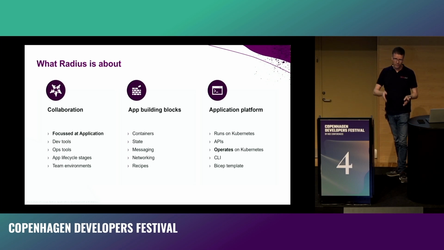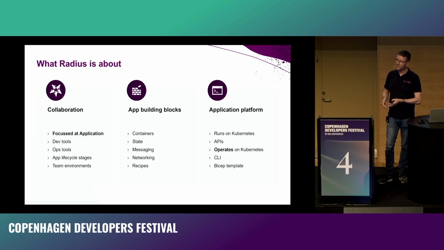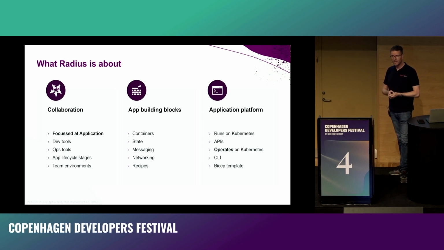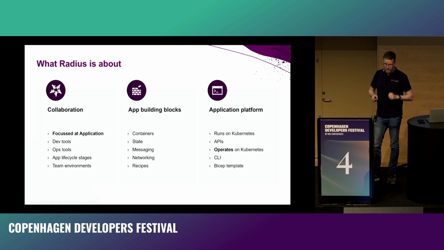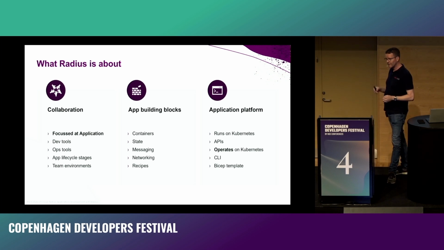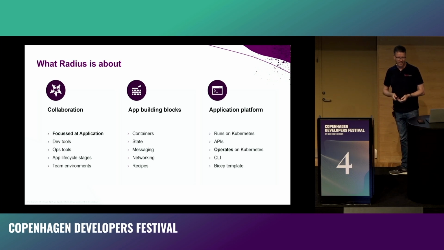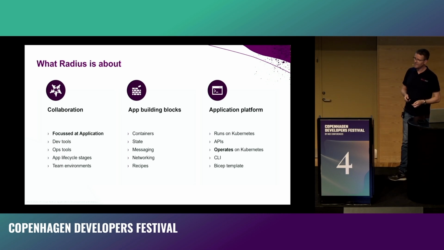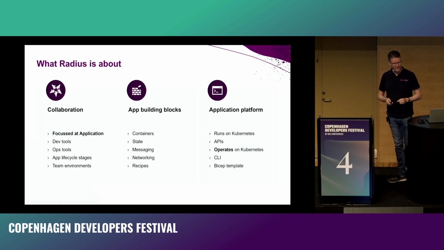So it runs on Kubernetes, but it also operates on Kubernetes. And you do that by using the CLI. So Radius comes with a CLI in which you can type commands. You will talk to that API running on Kubernetes and run stuff on Kubernetes using that CLI. And again, that may sound a little bit tricky. That is why I have lots of demos today.